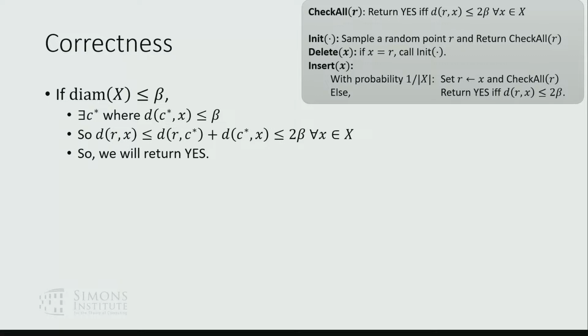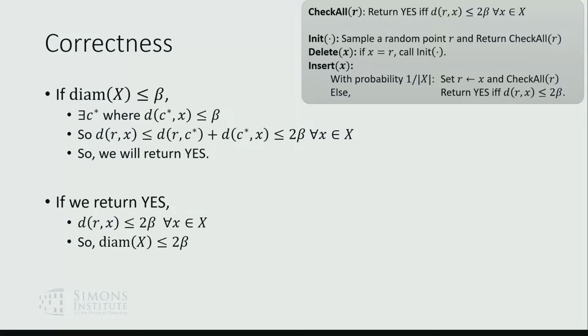So it means our algorithm will return yes if and only if the point R has distance less than 2 beta to everyone else. And if we return yes, it means R is close to everyone within 2 beta, so the diameter is less than 2 beta. So the correctness is clear.